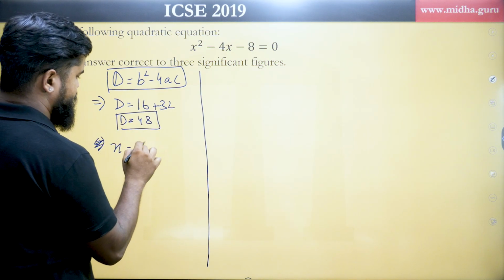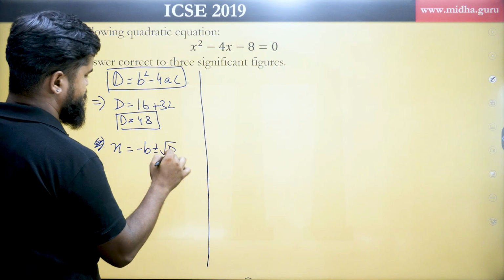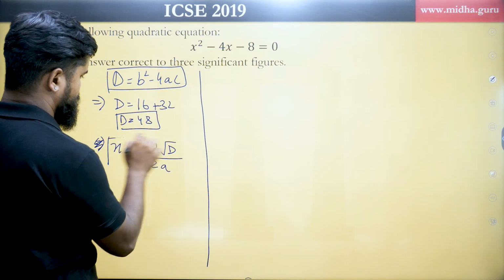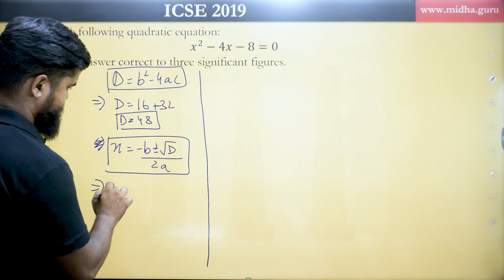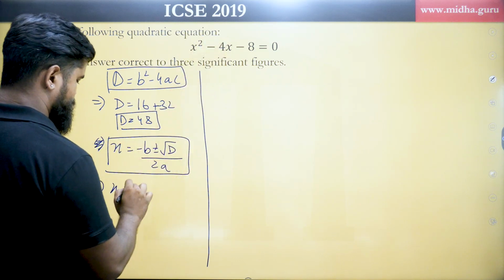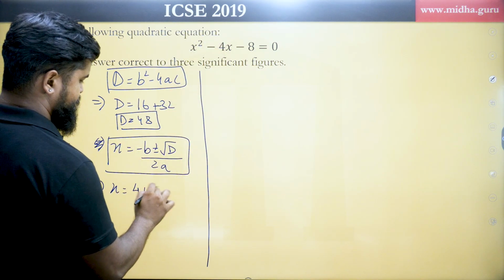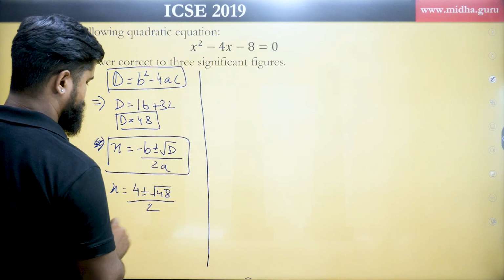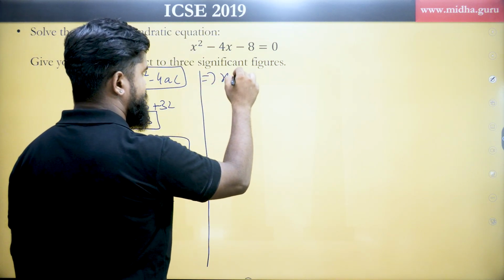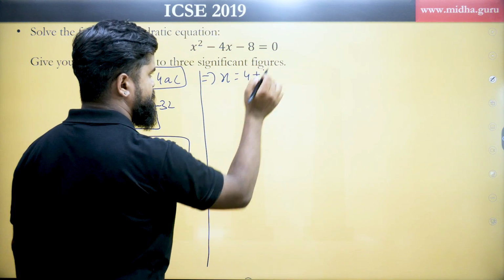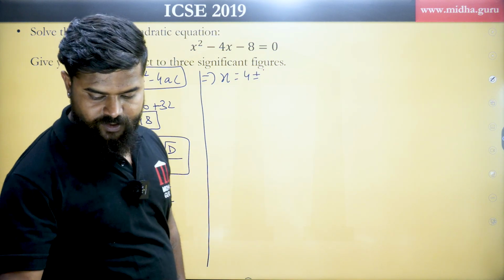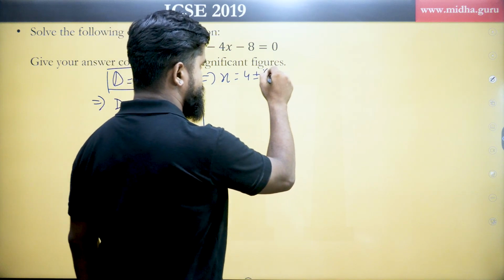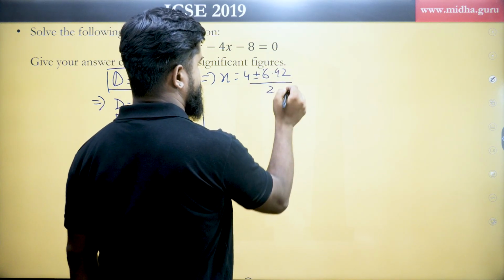Now x is equal to minus b plus or minus the root of the discriminant divided by twice of a. Minus b being 4 plus or minus the root of 48 divided by twice of a being 1, it will become 2. So we have x is equal to 4 plus or minus. Again, for the root of 48, I go back to my square root tables, and it is 6.92 divided by 2.